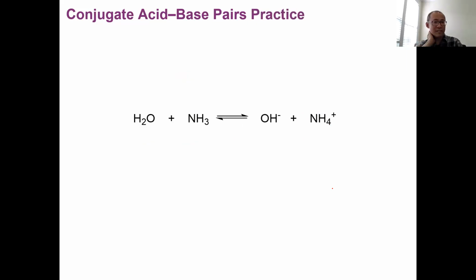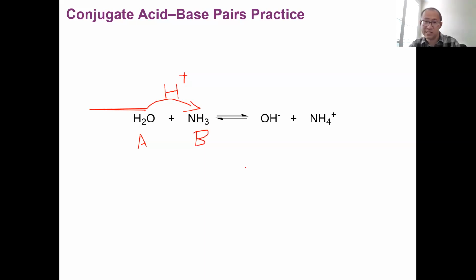Okay, let's take a look at this example. See if you can identify the species. This reaction is something we have seen before. Water donates a proton to NH3. So water is the acid, NH3 is the base.